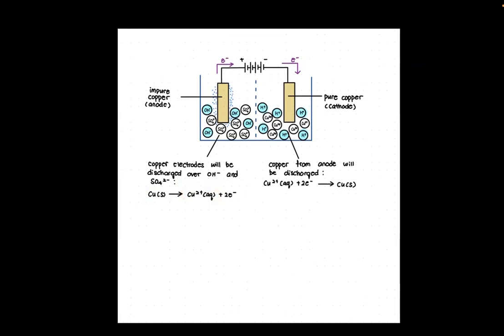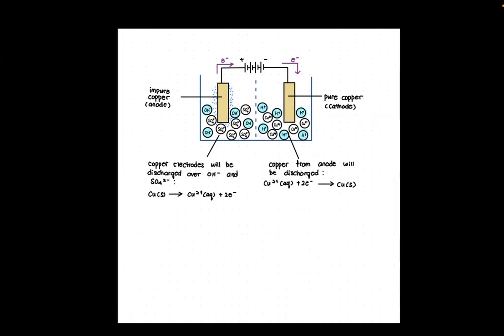This cation is going to move over to this side, which is the cathode, since it is positive. And your solution already has Cu2+. But the one that is going to be discharged is not the Cu2+ from the aqueous solution, but rather the Cu2+ from the anode.